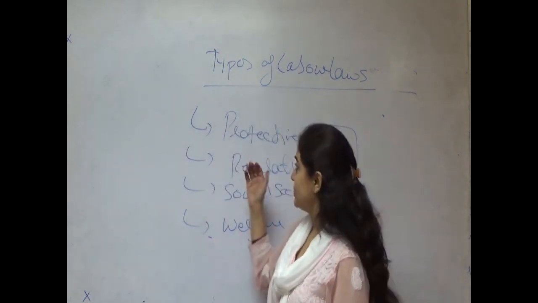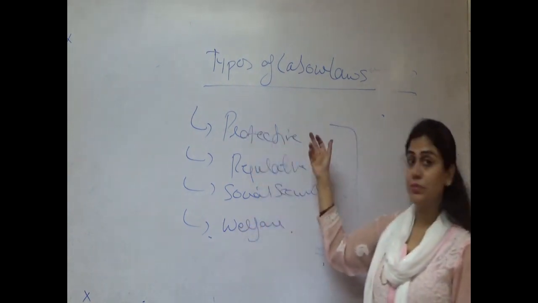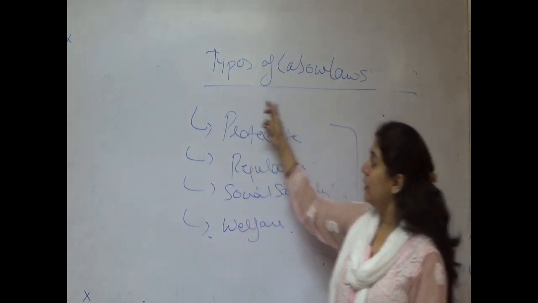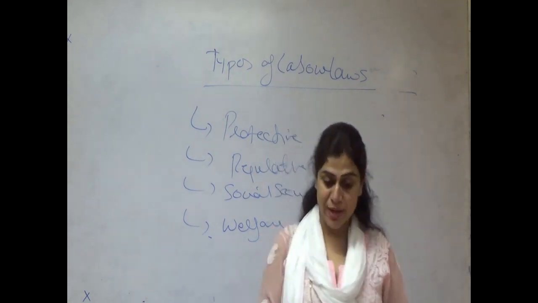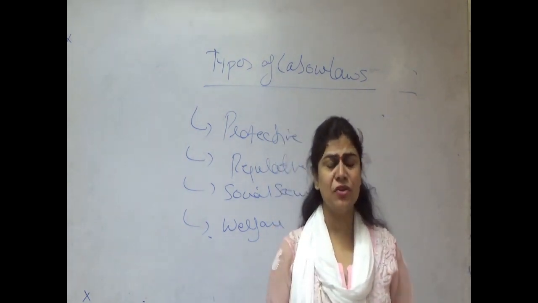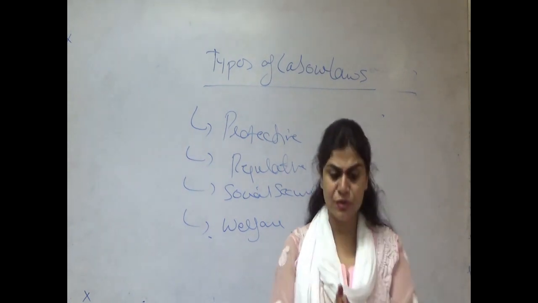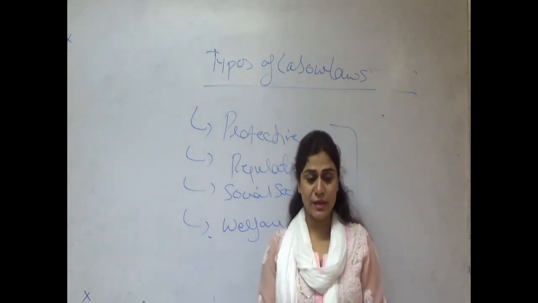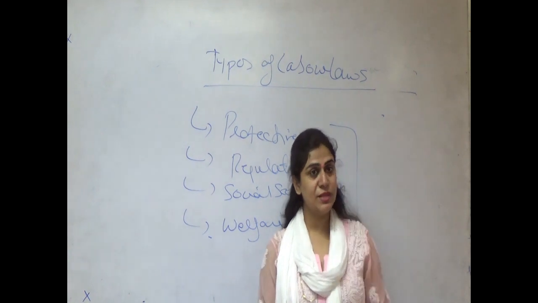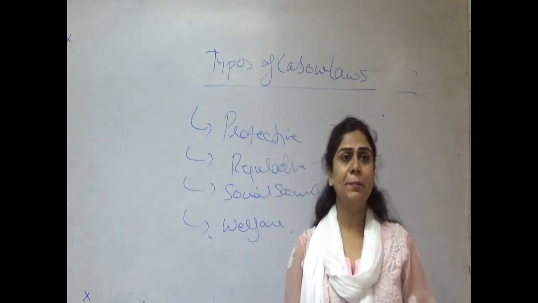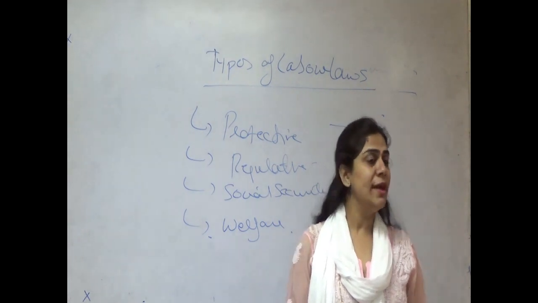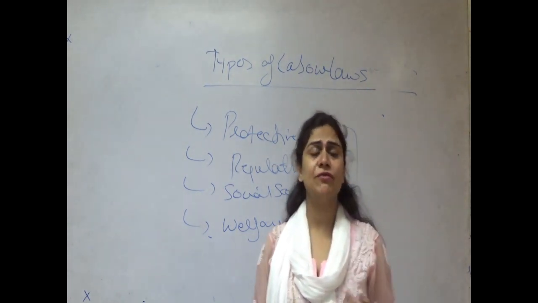The first is the protective. The word protective comes from the word protect. That means they are enacted to protect the interest and the labor standards, and to provide minimum standards to the workers so as to improve their working conditions, to give them safety, and to regulate the norms of employment of children and women employed in a factory, about health, welfare, and different kinds of facilities.